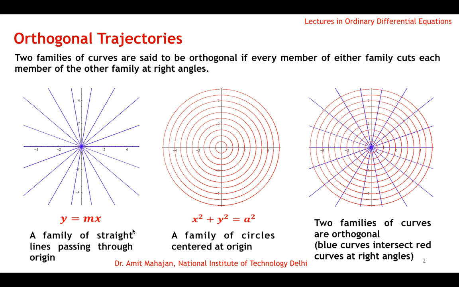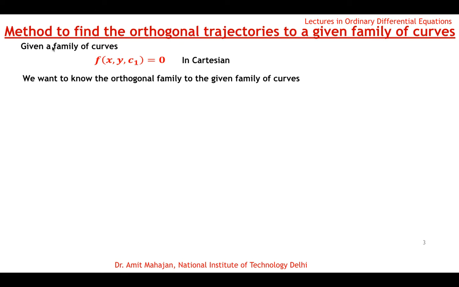The method says: given a family of curves, say a function of x, y and an arbitrary constant c1 equal to 0, a one parameter family of curves in Cartesian coordinates, we want to know another family of curves which are orthogonal to this one. Your first step is to formulate the differential equation which represents this family of curves, that means we are trying to calculate the slope of the curves.